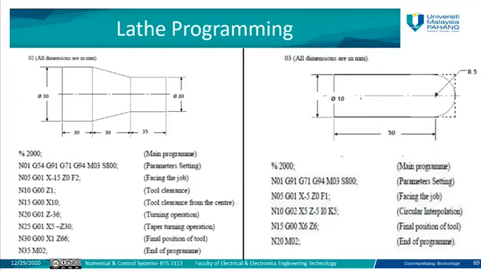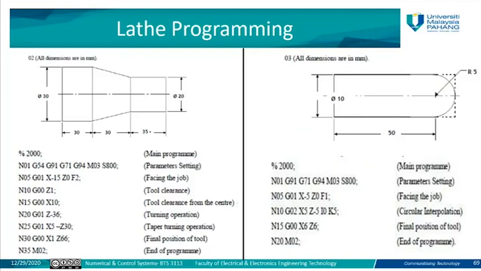In all cases, we need to define the coordinates for the movement of the workpiece and the touch between the workpiece and the cutting tools will be the same. So we need to define these coordinates using the radial or diameter coordinates method as we learned before.